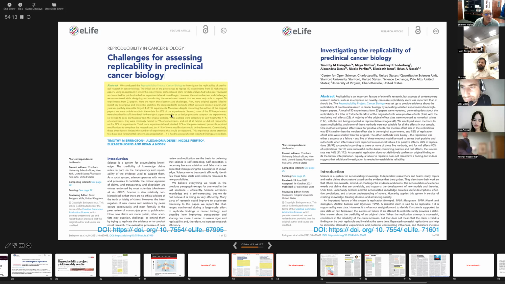So let me quickly read the abstract for this first paper. We conducted the reproducibility project Cancer Biology to investigate the replicability of preclinical research in cancer biology. The initial aim of the project was to repeat 193 experiments from 53 high-impact papers, using an approach in which the experimental protocols and plans for data analysis had to be peer-reviewed and accepted for publication before experimental work could begin.